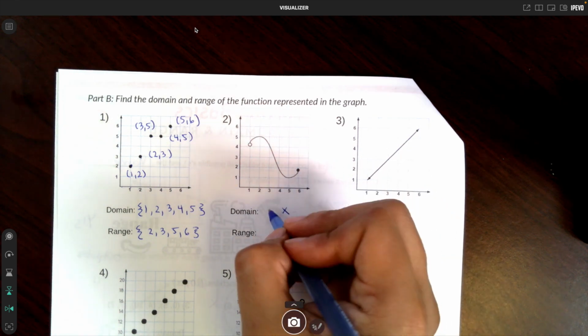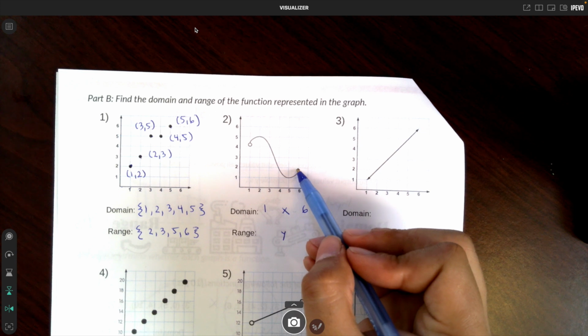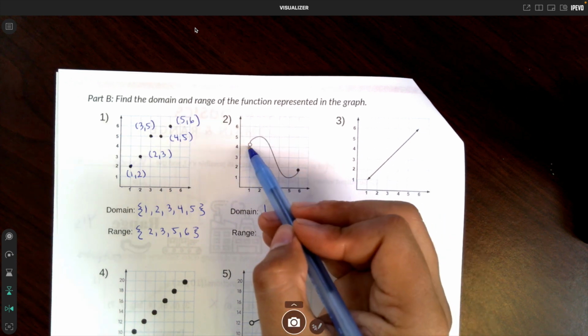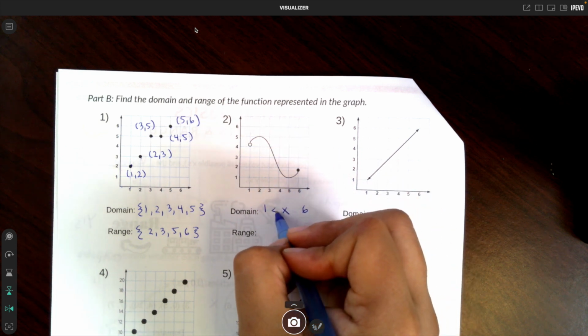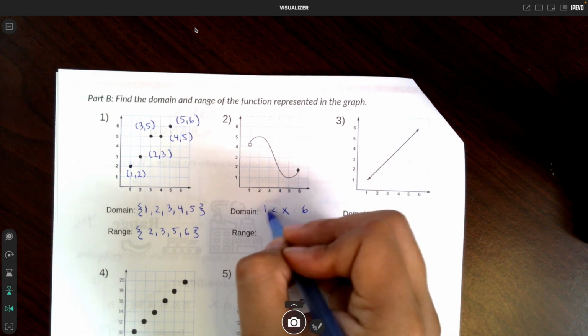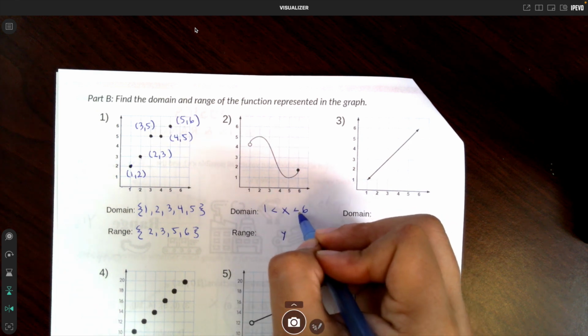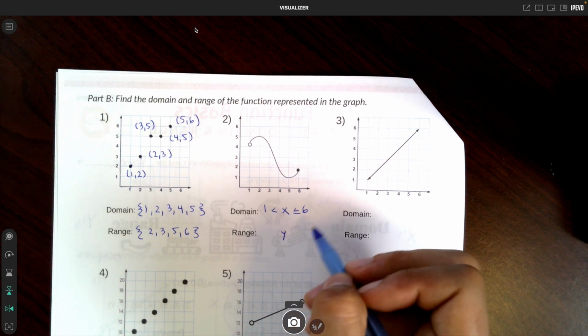So I'm going to write a 1 and a 6 here. But notice how this is a closed circle, so that means it includes a 6. This is an open circle, so it means it doesn't include a 1. So I'm going to put an inequality sign that does not have the little line on the bottom, so it means it doesn't include 1. And in this case, it includes 6. Okay?